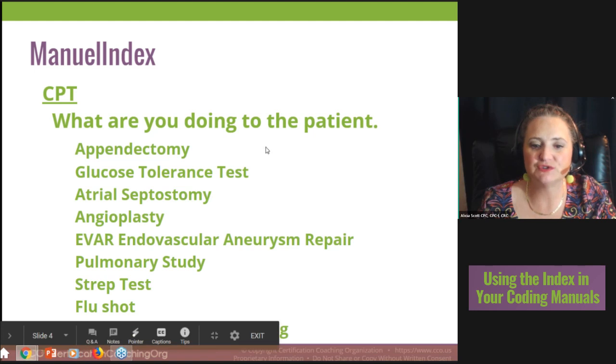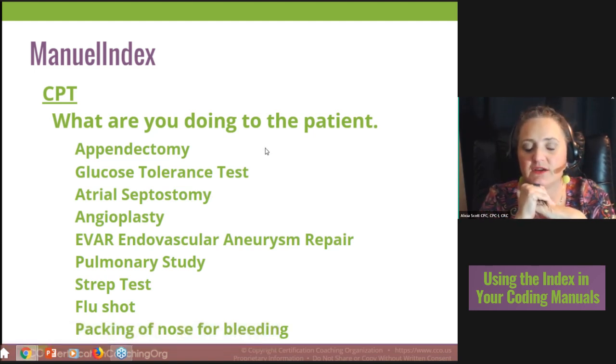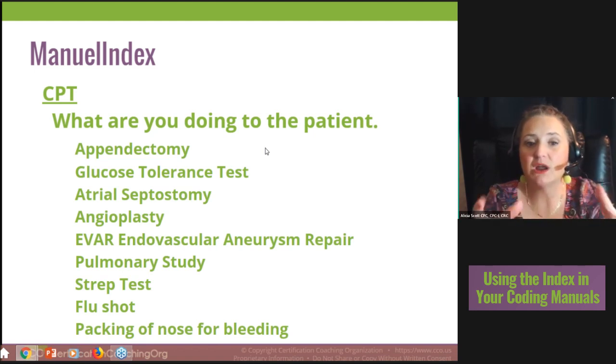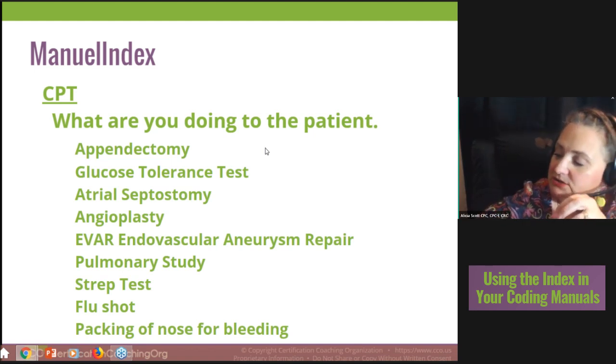What about packing of nose for bleeding? What do you think the key word there is going to be? What's happening to the patient? They're bleeding. Where are they bleeding? In the nose. Packing. What is packing? Now, if you don't understand the concept of what that is, wounds are packed, okay, and there's more than one type of packing. If you're packing a nose for bleeding, they open up this little jar, it kind of looks like, oh, I've got this antique jar over here.